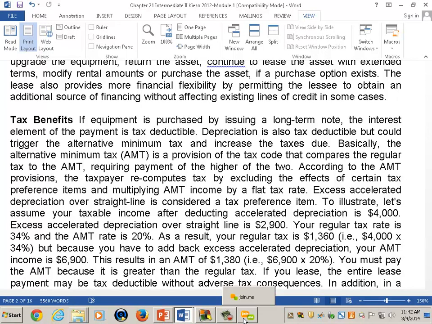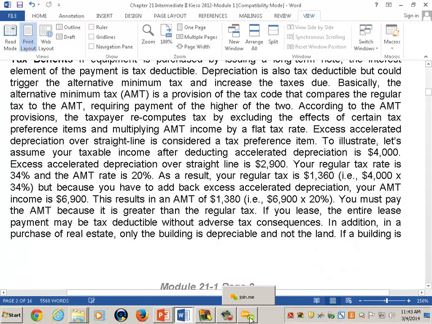And the alternative minimum tax is a way for the government to look at your use of what they call tax preference items. What are tax preference items? They're accelerated depreciation, tax-free bonds, and here's the way it works. Here's my example. Now, it's not exactly like this because obviously there are some exemptions and the like, but if you look at this example, we have the regular tax and we have the AMT.